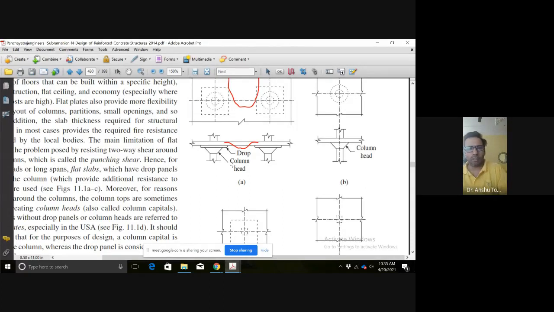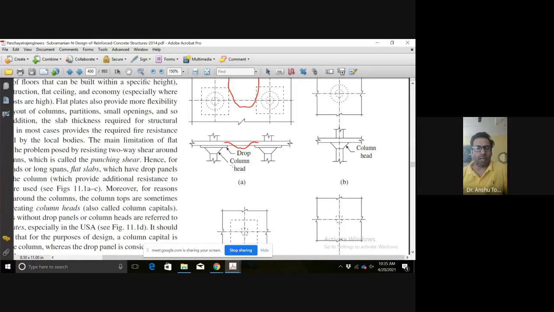Now, the basic difference between the regular traditional frame system and the flat slab is that in a flat slab, the load is transferred by moment and shear both.